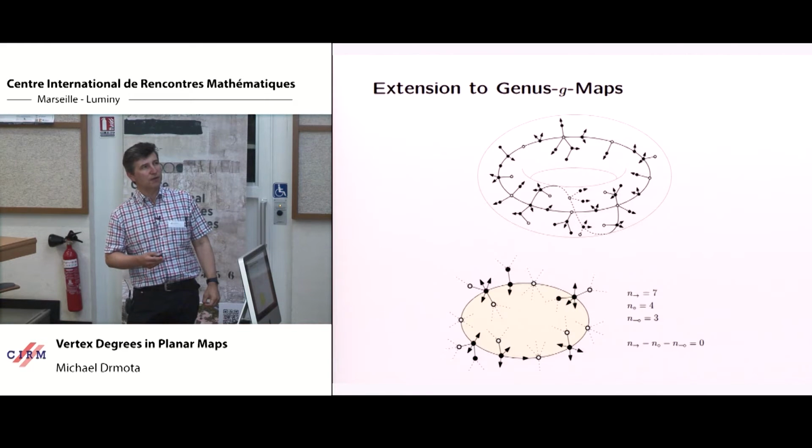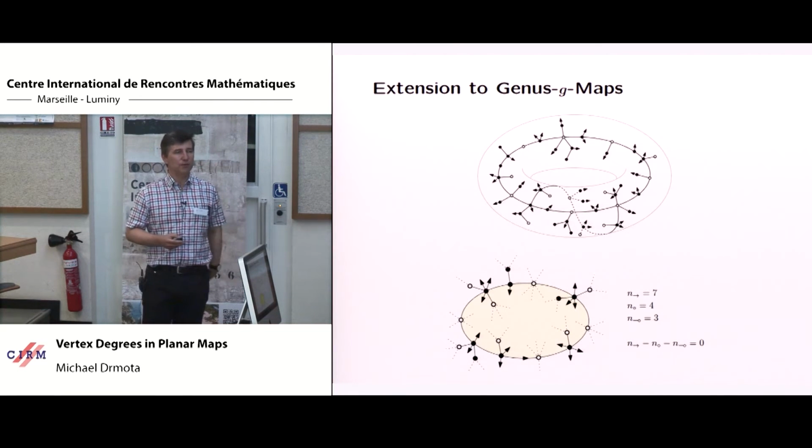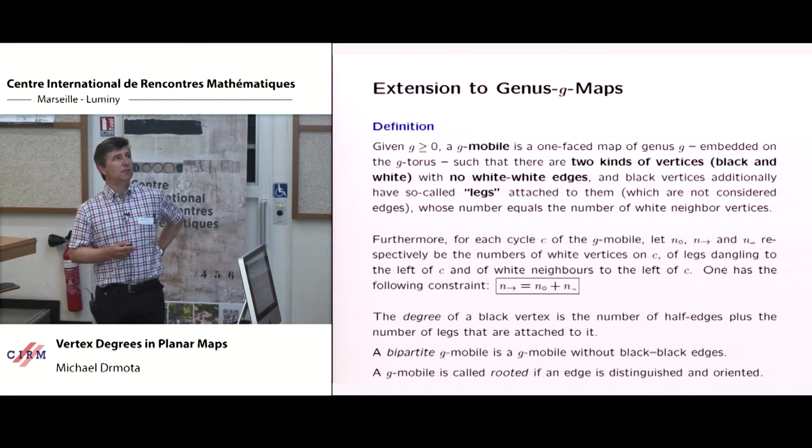So the number of white vertices on the cycle plus the number of attached white vertices has to be equal to the number of legs going into this direction. So it's a slightly more complicated structure, but this is the notion of G-mobiles.